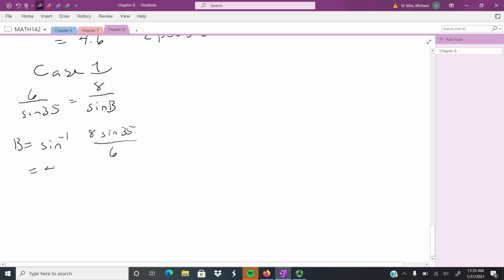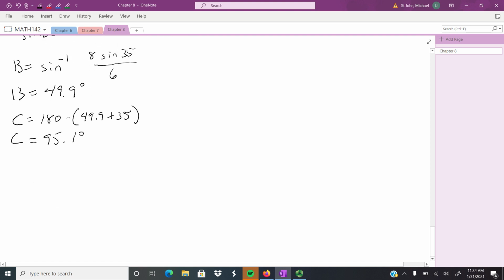So this will give me 49.9 degrees. Okay. And then, of course, the other angle is going to be 180 minus the other two. So 49.9 plus the 35. And so this comes out to be 95.1 degrees. Right?